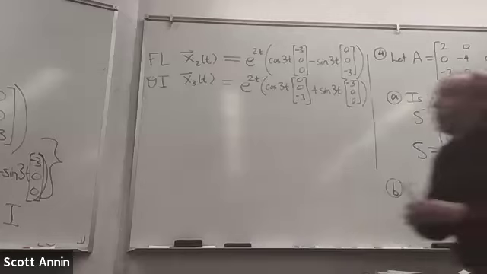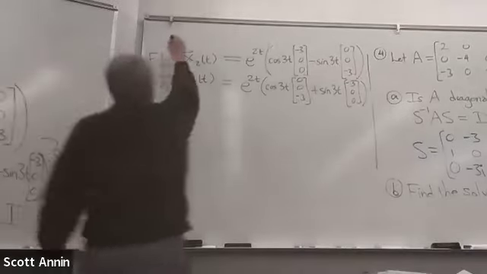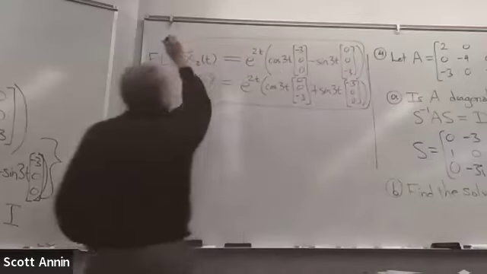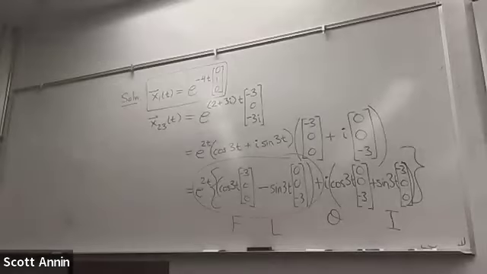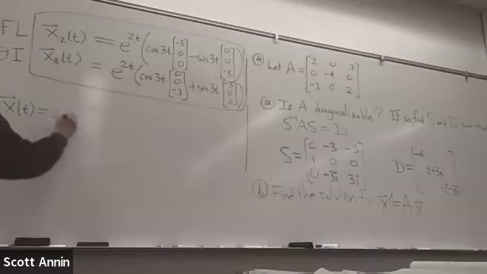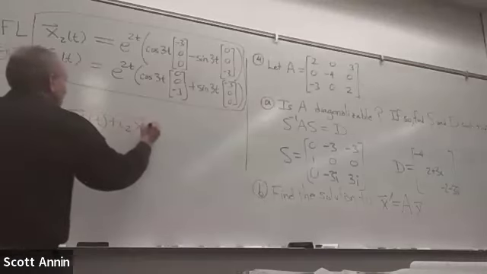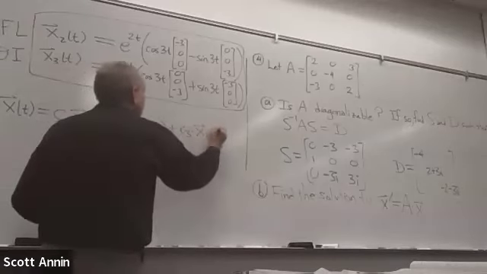So let's see, we wrote down x1 right here. That was originally the first one we had. And now we've got two more solutions here. I'm going to go ahead and put boxes on these. We have x1, x2, and x3 with boxes around everything. And so now we can write down the final general solution, which, as you know, guys, x of t is c1 times x1 of t plus c2 times x2 of t plus c3 times x3 of t.